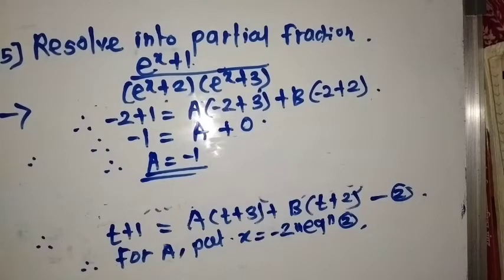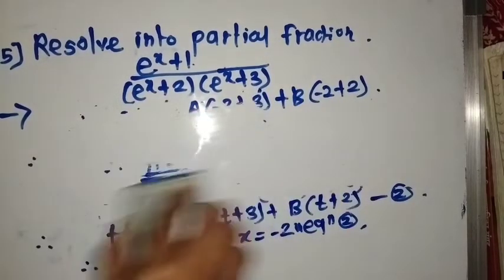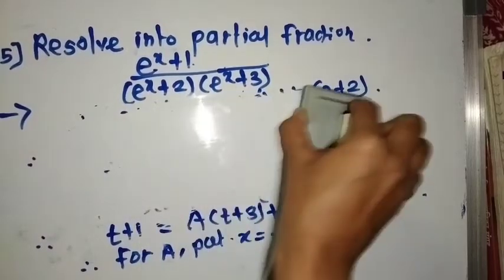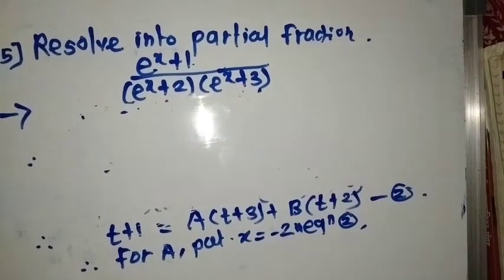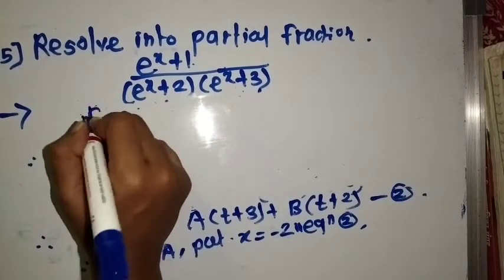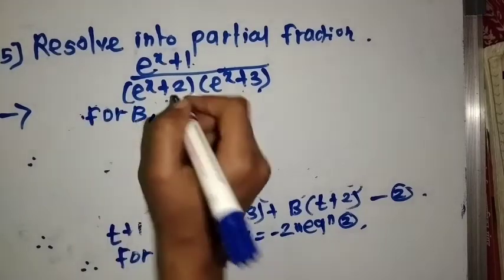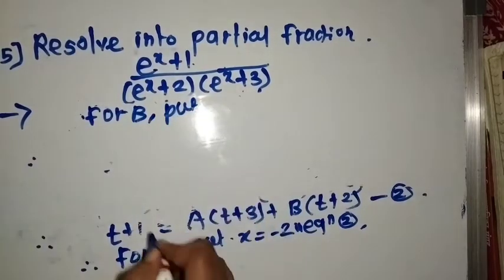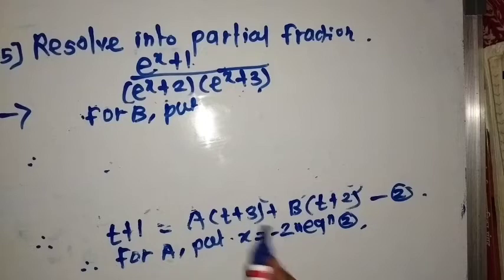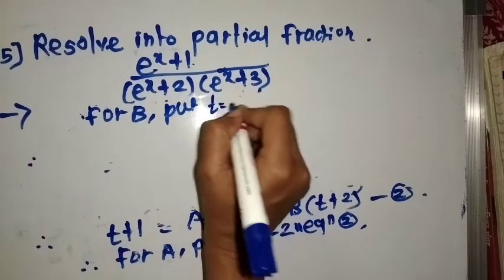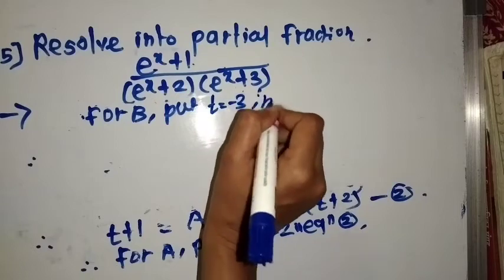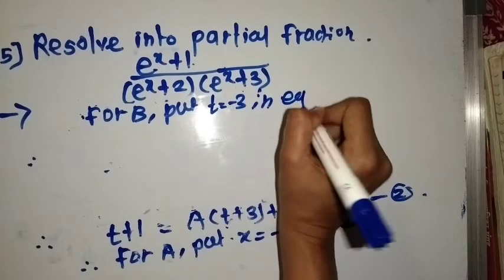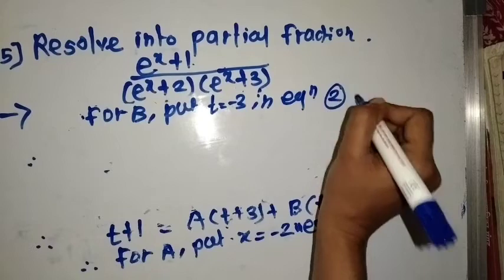Also find out b. To find b, this should become 0, so put t is equal to minus 3 in equation 2.